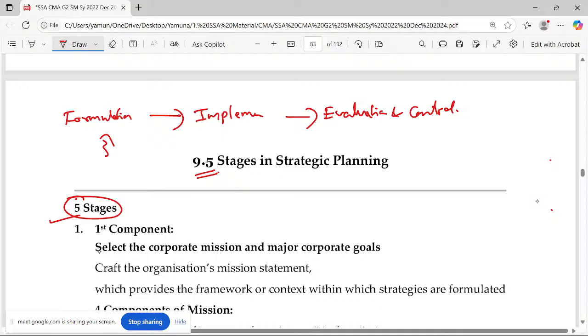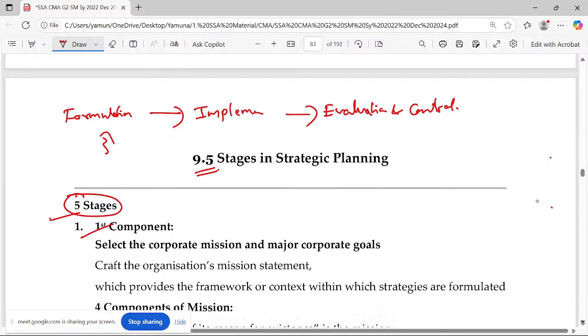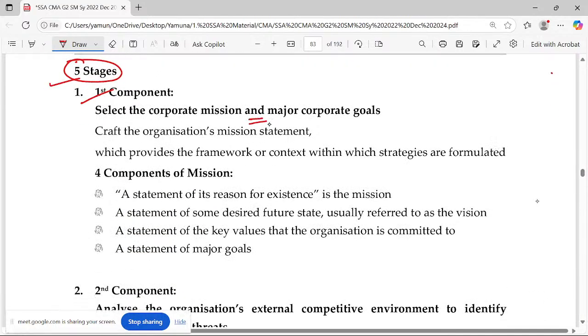So the first component: you have to select the corporate mission and the major corporate goals. We'll be thinking about the four components. First, when you talk about the mission, we say for what reason we have to be in existence. Also, when you talk about vision, what is our future?